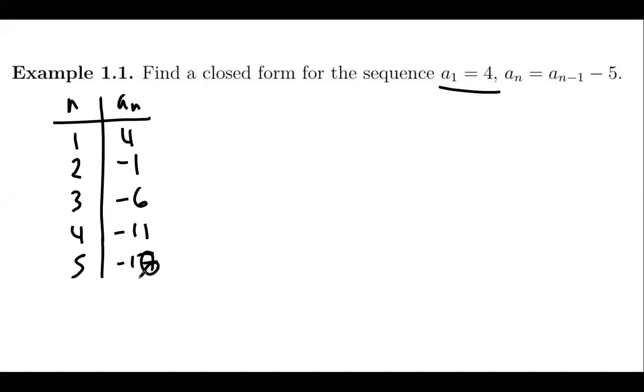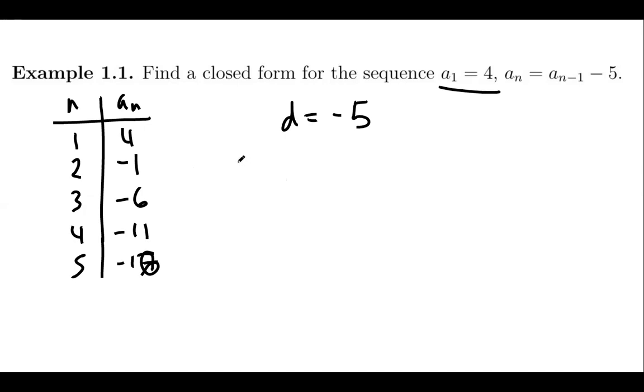Okay, so that means that if you take a close look, it looks like it's just an arithmetic sequence where every time we're subtracting 5. So the common difference would be negative 5.